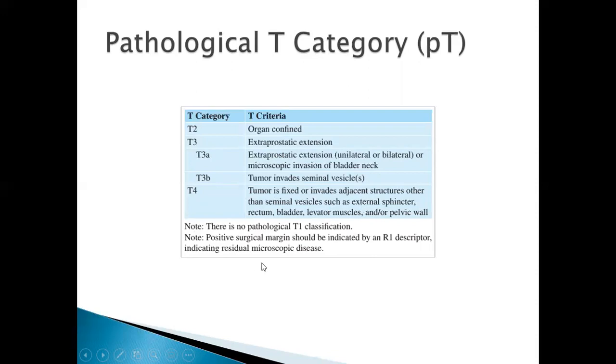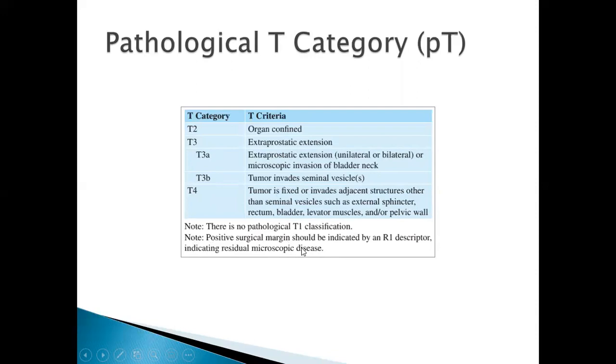There's just a couple of notes. We always have to make sure that we pay close attention to any notes that are listed. And one is there is no T1 classification, okay? So that's why it's not listed. The second note is positive surgical margins should be indicated by an R1 descriptor, okay, indicating residual microscopic disease.